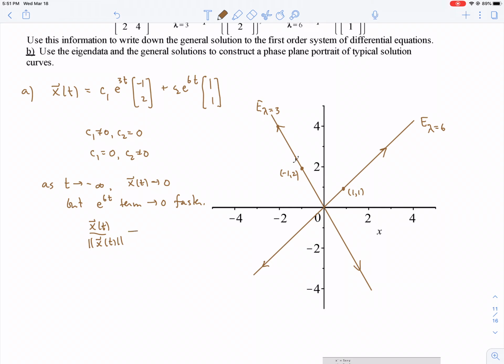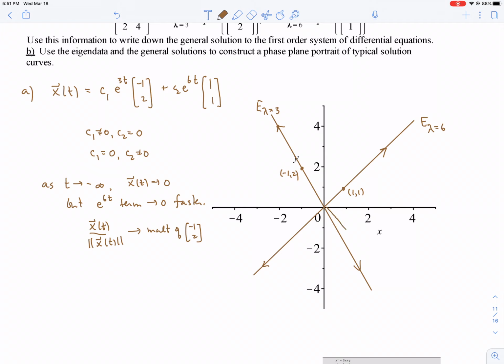is converging to a multiple of (-1, 2). And geometrically, what that means is that the solution trajectory as t goes to minus infinity is going to the origin, but it's coming in along the lambda equals 3 eigenspace.